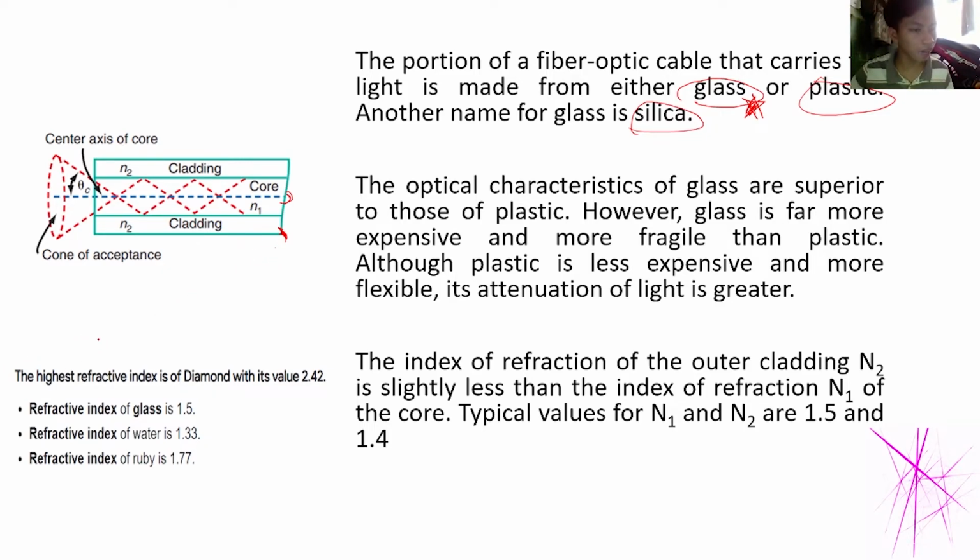That's why I have this example in order for you to visualize or somehow get the concept of this refractive index. So I showed here that the highest refractive index is diamond, which of course is eminent because it is made of glass or somehow has the characteristic of glass. And also as you can see, N1 is much greater than N2.